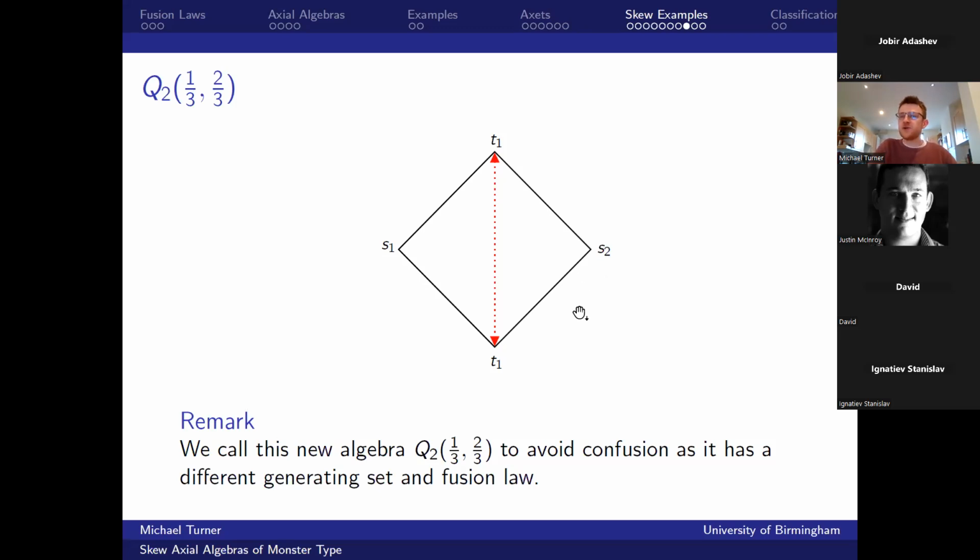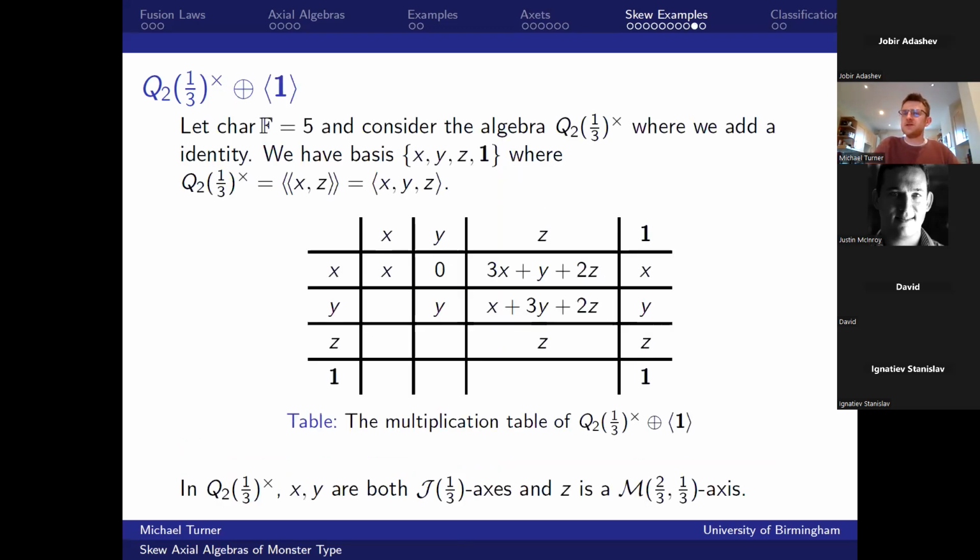And again, to avoid confusion, we're going to denote this new algebra, because we've got a different generating set and also a different fusion law, by Q2 1/3, 2/3, just to avoid any confusion on what generating set we're starting with. Okay, and finally, we've got another algebra popping up when we have characteristic equal to 5.